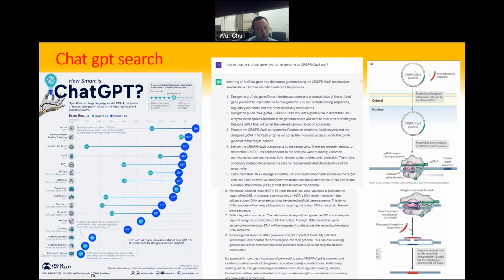Okay, so the plasmid with the gene can be inserted into the target cell, and then this plasmid will be translated into the protein with a guide sequence, which allows it to bind the correct place of the human genome.